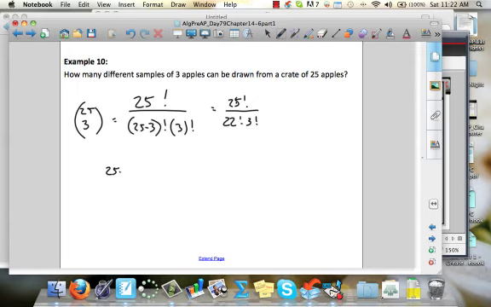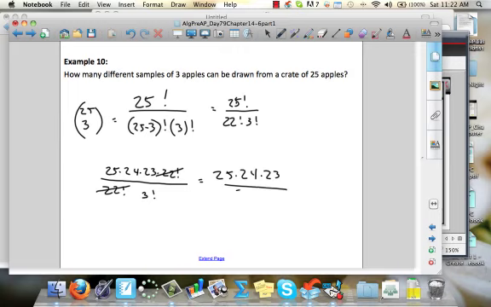What I like to do with combinations is go ahead and expand them out: 25 times 24 times 23, 22 factorial over 22 factorial times 3 factorial. Notice the 22 factorials will cancel out. Here we have 25 times 24 times 23 over 3 times 2.